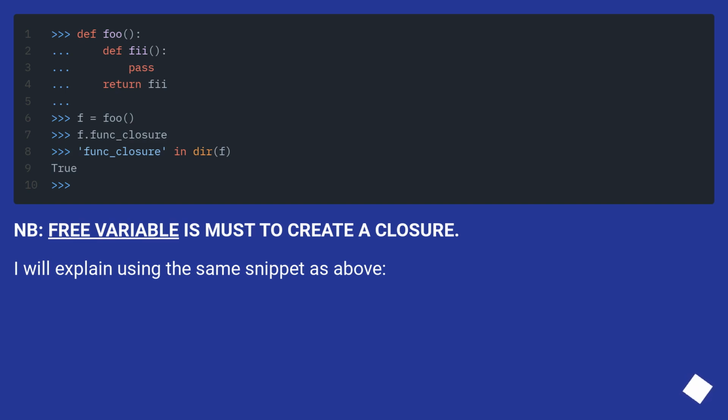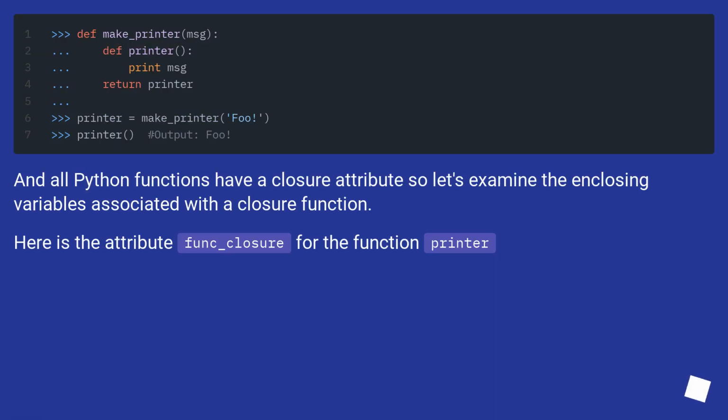NB, free variables are needed to create a closure. I will explain using the same snippet as above. All Python functions have a closure attribute, so let's examine the enclosing variables associated with a closure function.